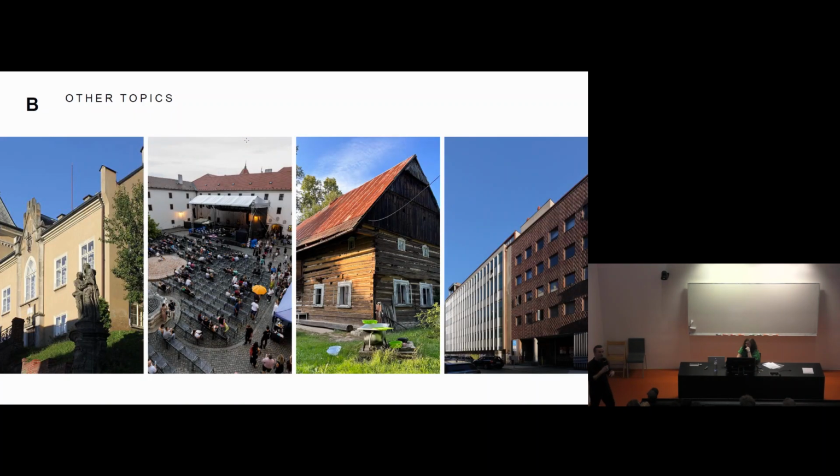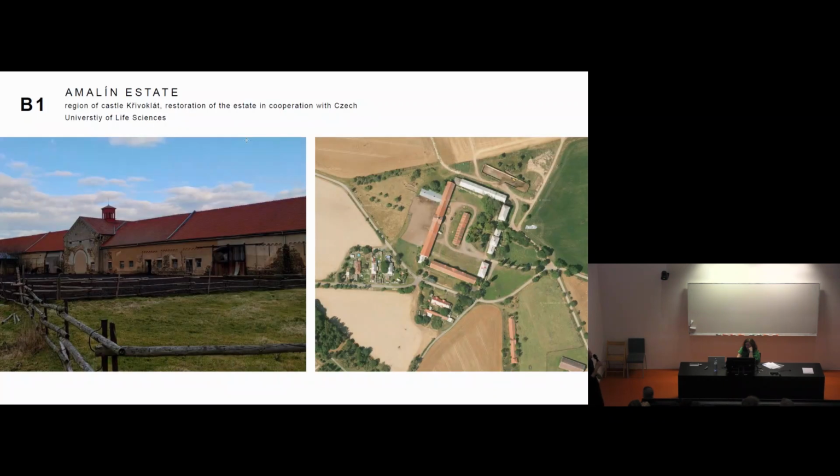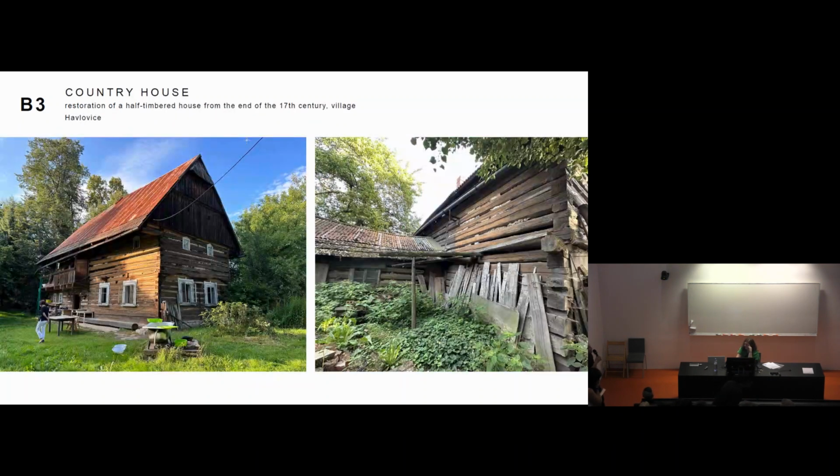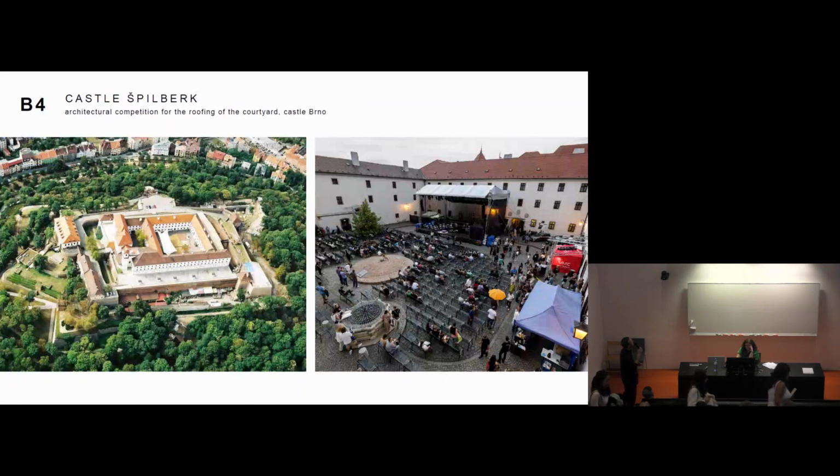We offer some other topics, mostly individual projects, so I only shortly show you the big choice where you can design different types of projects. For example, another farmyard very close to Prague, in the Křivoklát region. It's a huge farm area, or some rectories, old wooden houses in the countryside, or especially an architecture competition for a new roof on this castle in Brno.